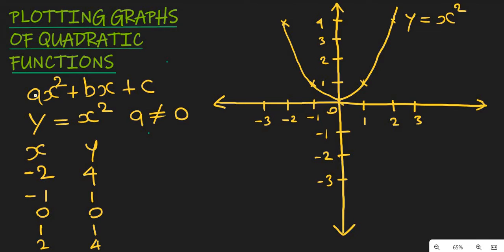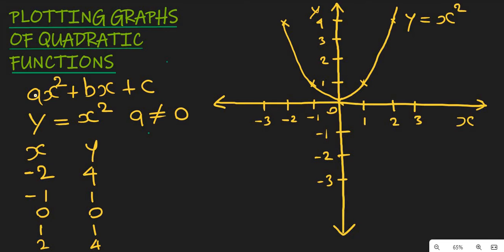Now, there are some properties related to these types of functions. As you can see, this graph is symmetrical about the y-axis. This is our y-axis and this is our x-axis. When x increases from minus 3 to 0, the value of y decreases.